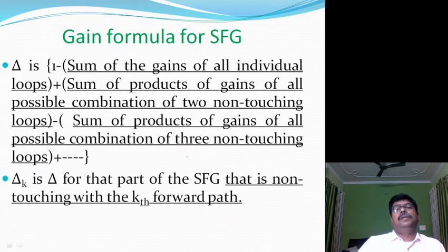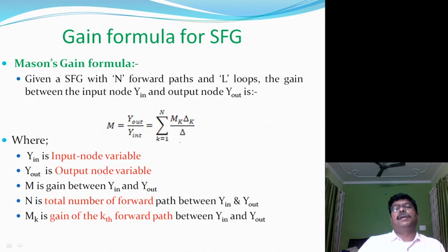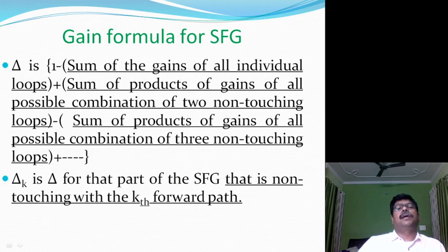So here delta has to be calculated like this. It is 1 minus the sum of gains of all individual loops. So we have to identify how many loops are in the signal flow graph. Then with plus sign, within brackets, the sum of products of gains of all possible combinations of two non-touching loops.